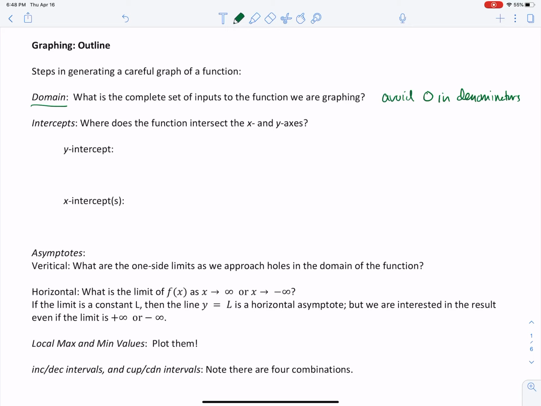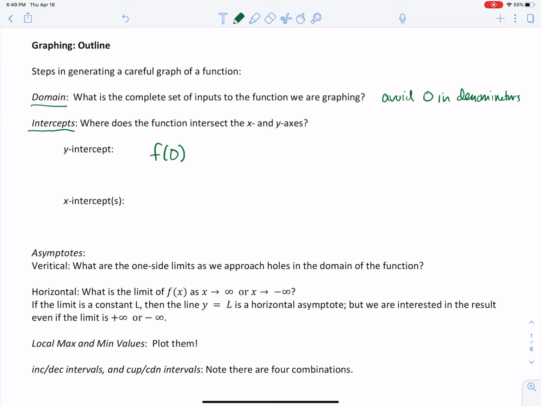Another important thing that we can do to anchor our graph is to think about intercepts. That is, is the function intersecting our coordinate axes? To find a y-intercept, we want to remember that this is the value of the function at 0.